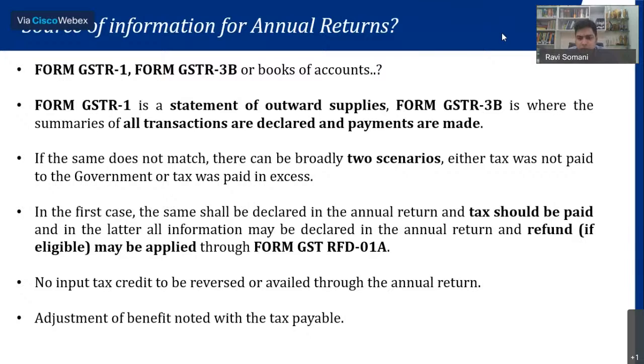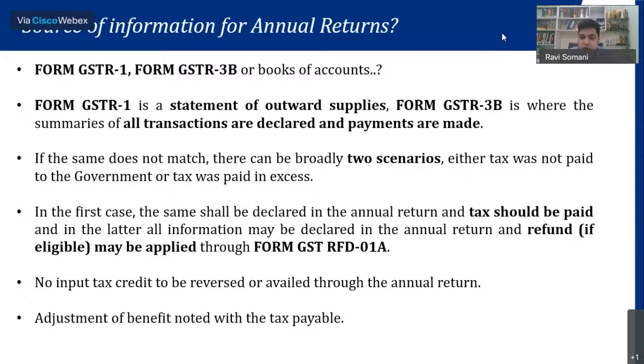Anything for which tax is extra paid or excess paid, the refund application has to be separately applied. Unlike in the VAT regime, where the annual return filing itself was an application for claiming the refund. In GSTR 9 and 9C, if there is extra tax paid and a refund is due, it has to be separately filed.